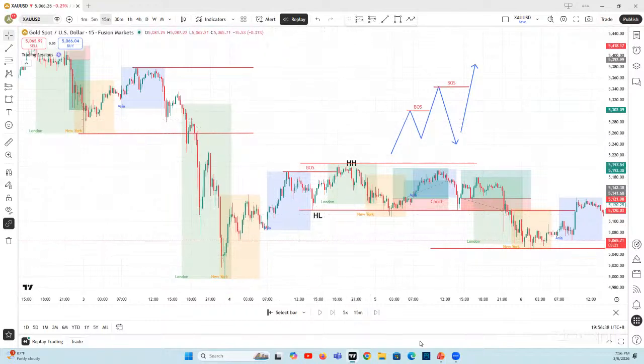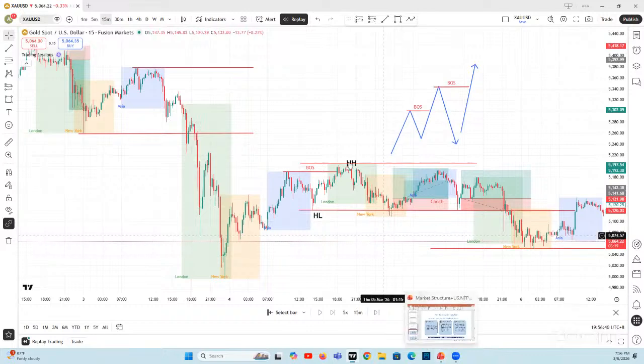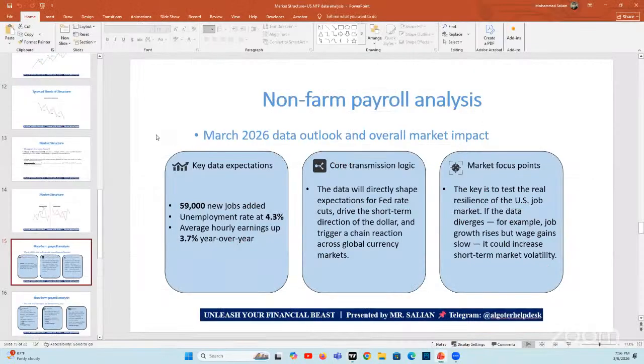Because it's almost time and we still didn't finish the slides here. So for the non-farm, what is non-farm or NFP? Any idea? Have you heard NFP?